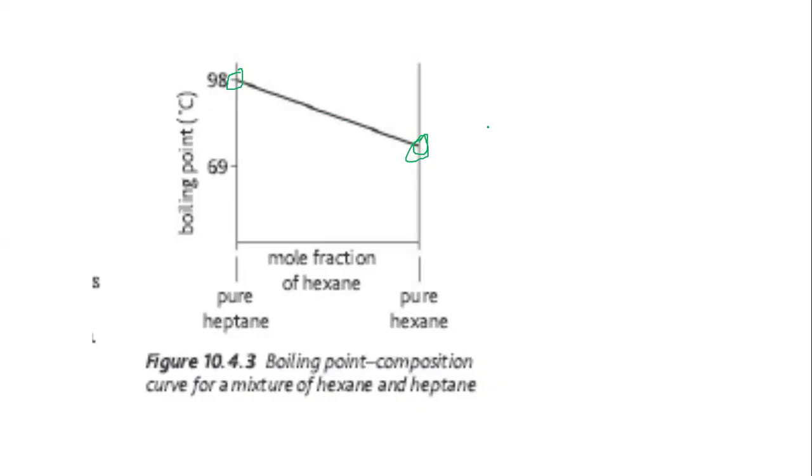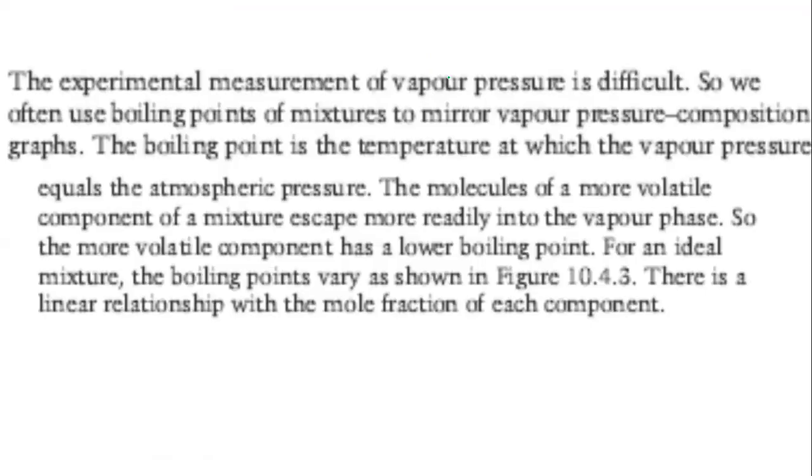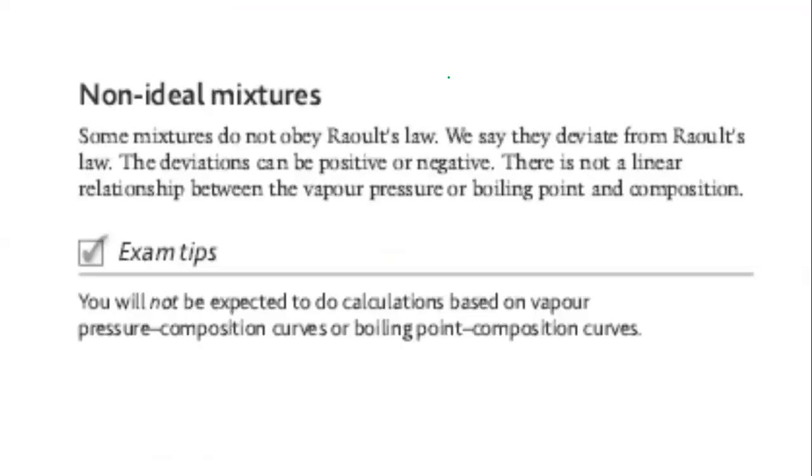If you were to boil the two of them together, the pure hexane would evaporate first. And you can see that here as well, the hexane is more volatile because it has a higher pressure. I'm going to erase this when I send you the slide so it's not confusing. So the lower the boiling point, the more volatile it is, which means it is going to have a greater vapor pressure.